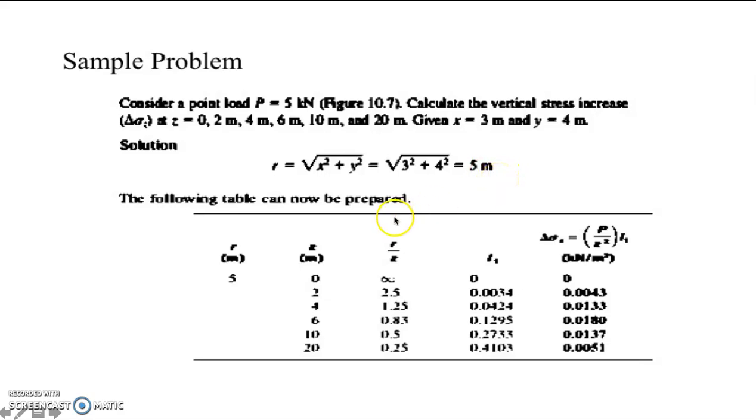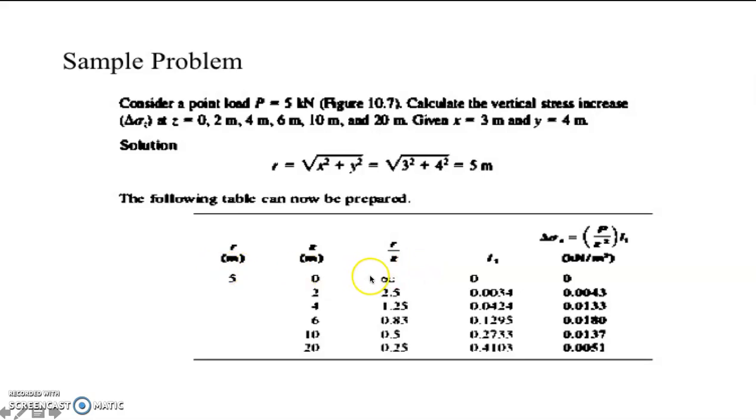So we can prepare our solution through a tabulation. We have our r, which is 5 meters, and our z, which varies from 0 to 4, 6, 10, and 20. That is the depth of the point where you're going to get the stress due to the presence of the point load. Then get the ratio of r over z.